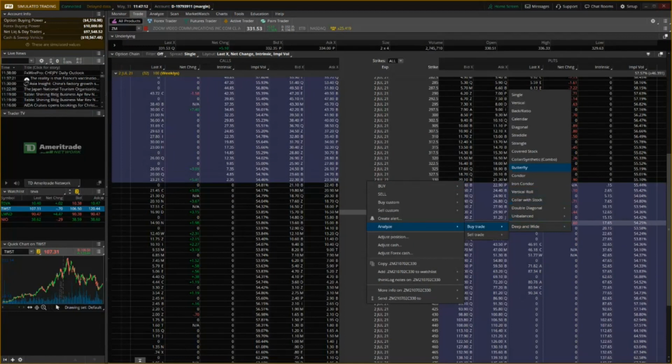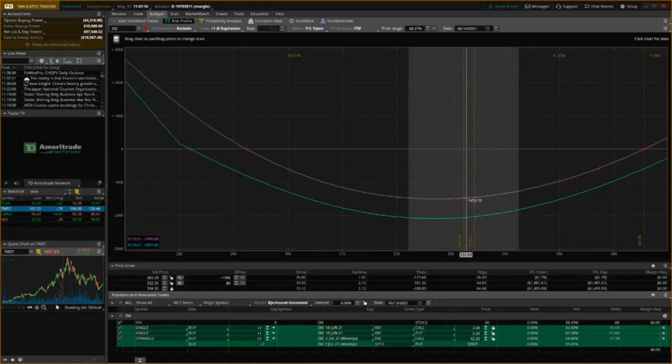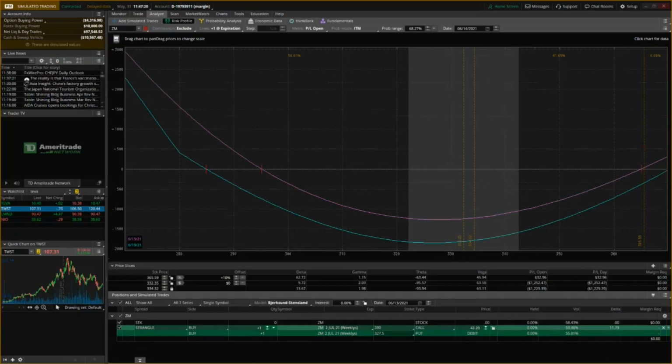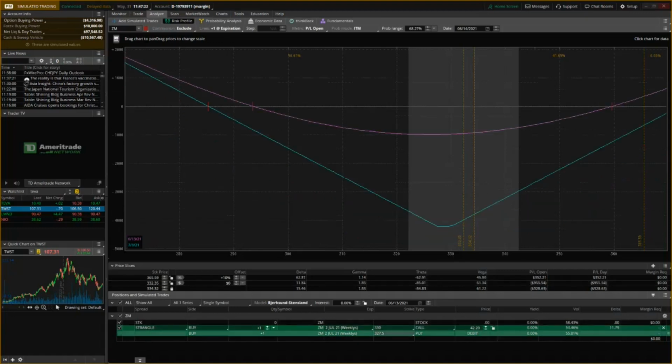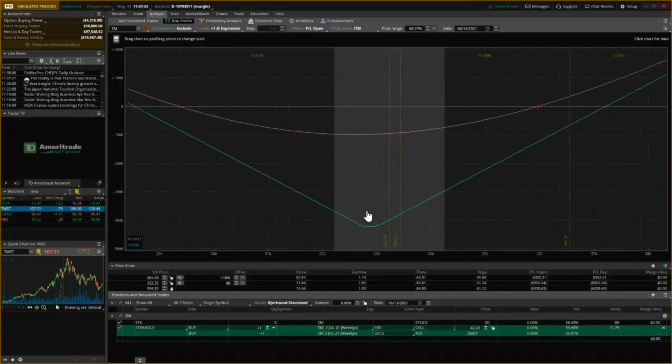We're going to analyze it. So we bought the 325 and the 330, a call and a put. All in all, it cost us $42.